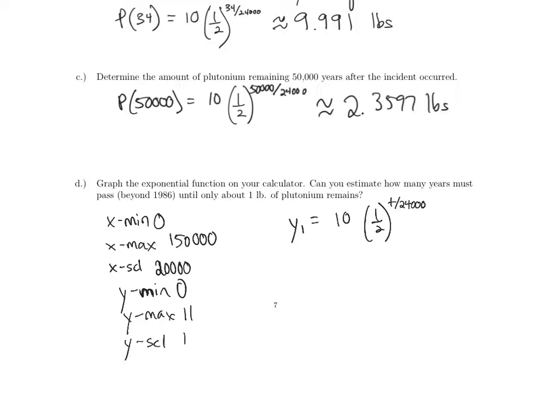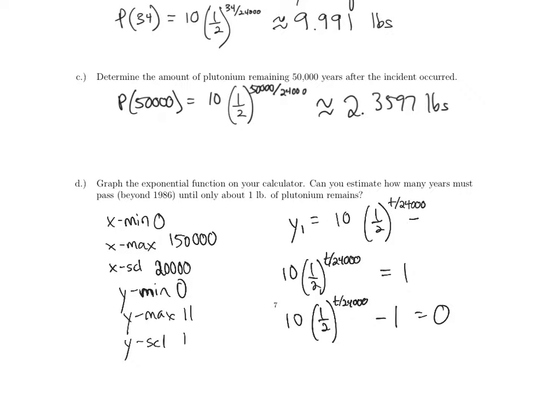Now, in my opinion, the easiest way to do that, if we want to find out when this is equal to 1, then we're actually trying to find out when this is equal to 0. And that's kind of a common trick that we can use here because our calculator is really good at finding zeros, not quite as good at finding like when the function value is height 1.